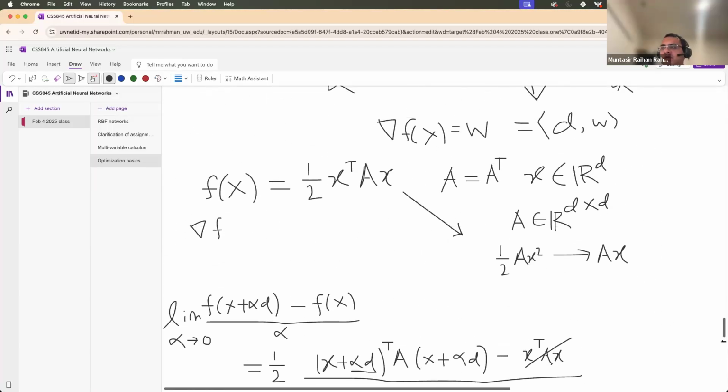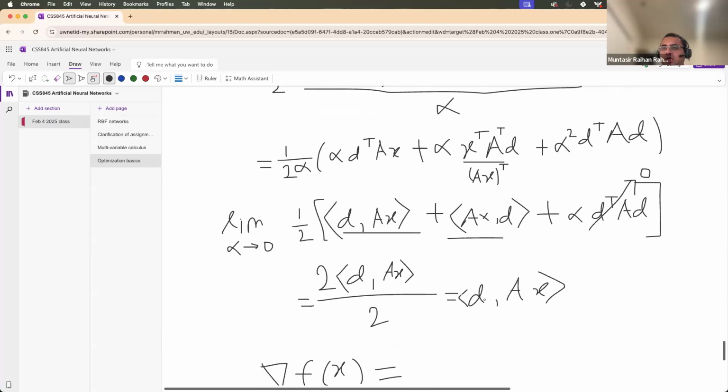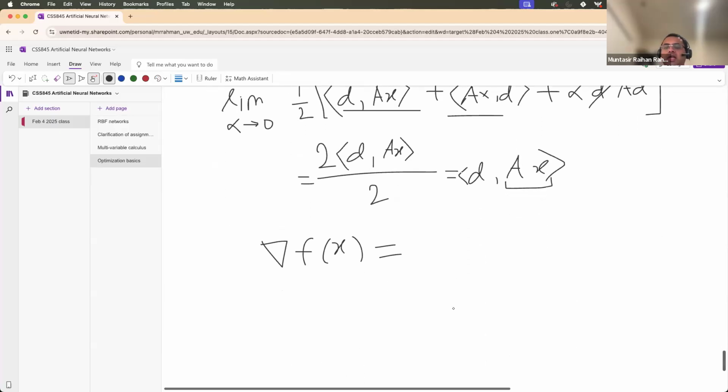We took the directional derivative and we found that that's equal to the direction inner product with this value AX. So what is going to be the gradient of the function? AX, exactly. And that matches what we had expected. Very good.